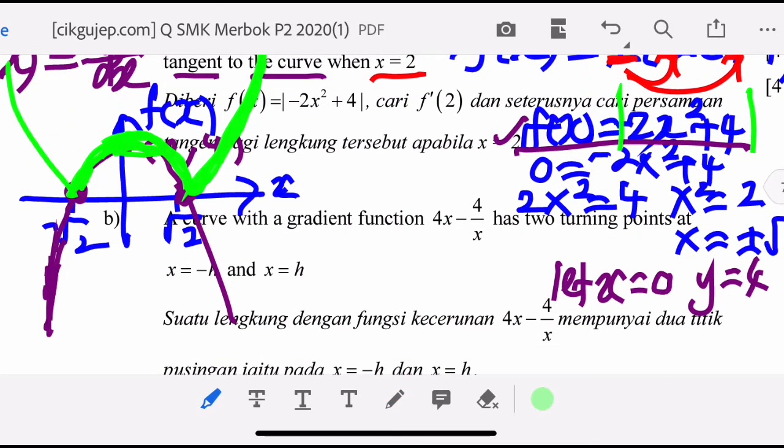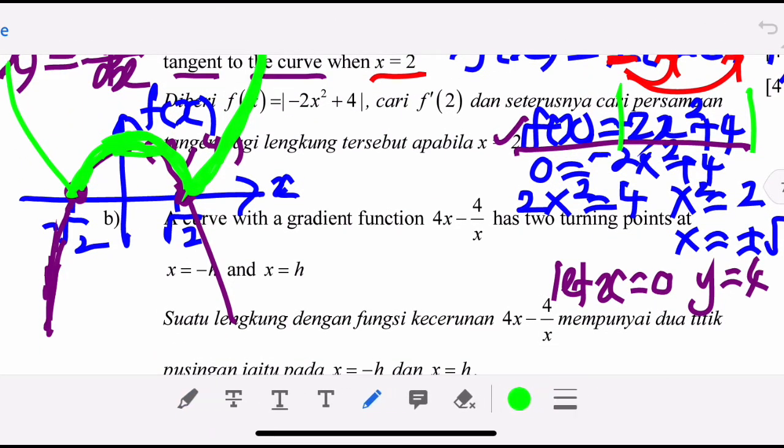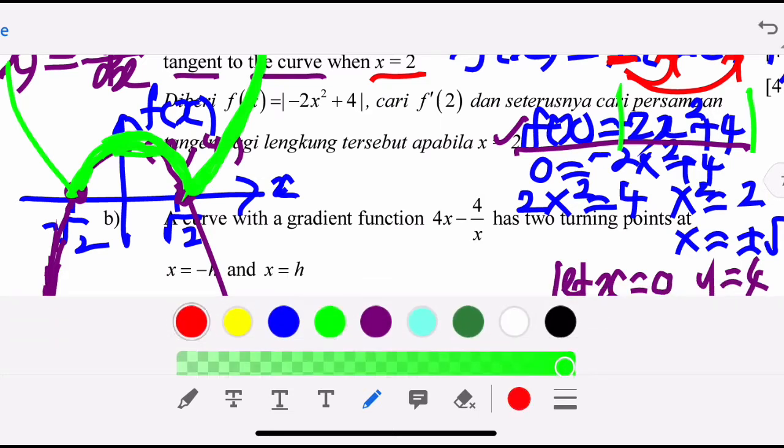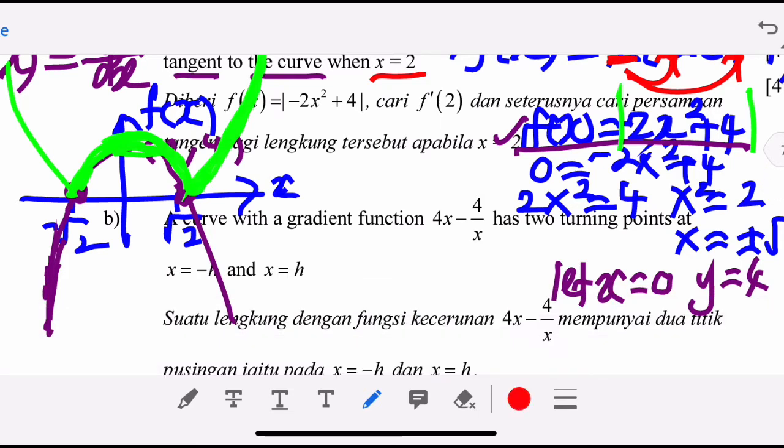Now the question is asking you to do what? You're asked to find the gradient of tangent, then find the equation of tangent, right? So let's say square root 2 is 1 point something, you press the calculator, so 2 is obviously to the right.